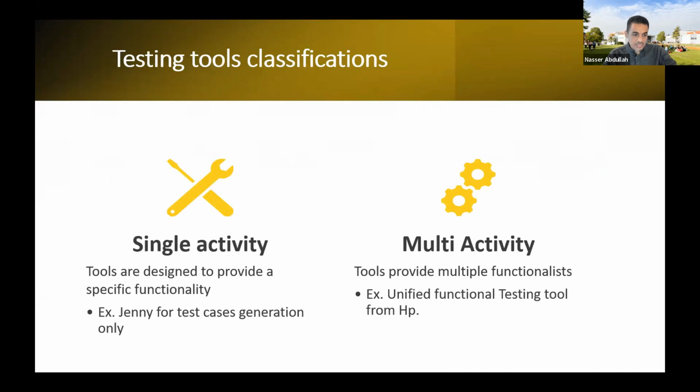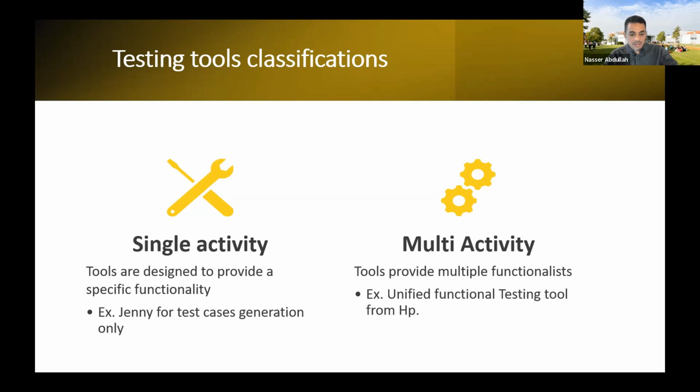The first classification of testing tools: we have single activity tools and multiple activity tools. What do we mean by single? The tool is designed for one purpose of testing. For example, it's designed to generate the test cases. This we call a single activity. Multi-activity, on the other side, means that the tool is designed for multiple activities.